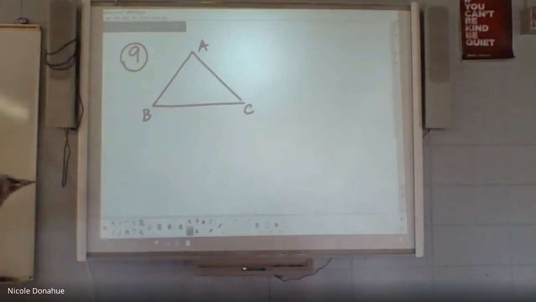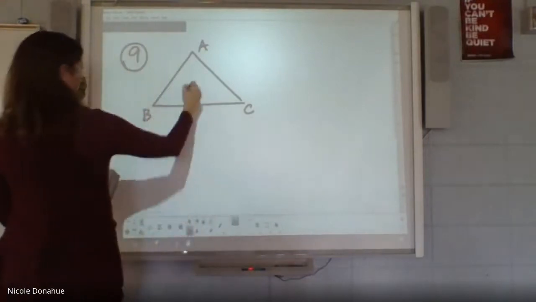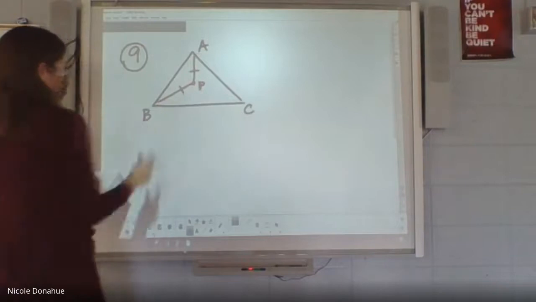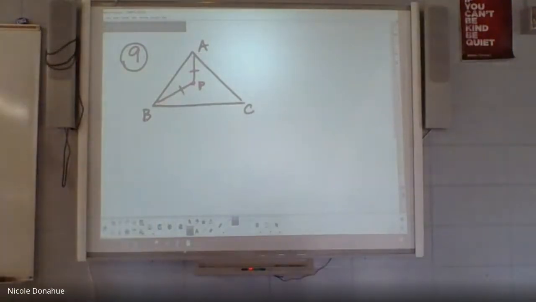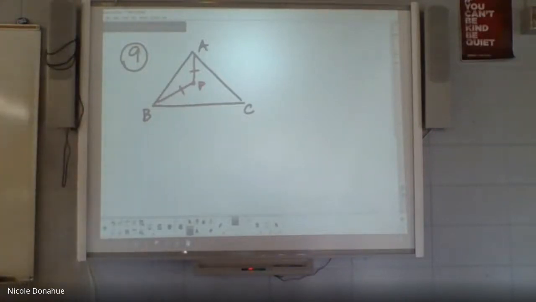It says it's equidistant from points A and B. So if I put P here, these two are supposed to be the same length, even though they don't look like it. Pretend that they do.